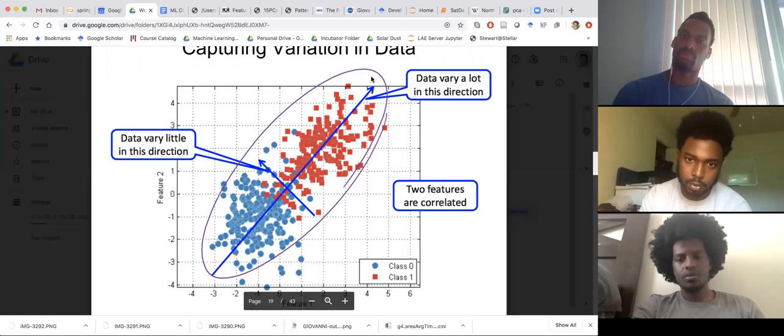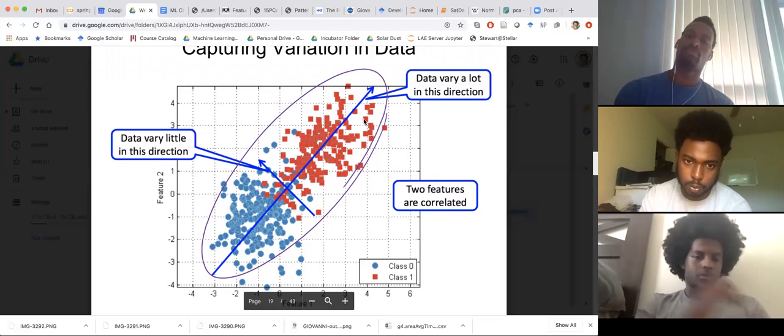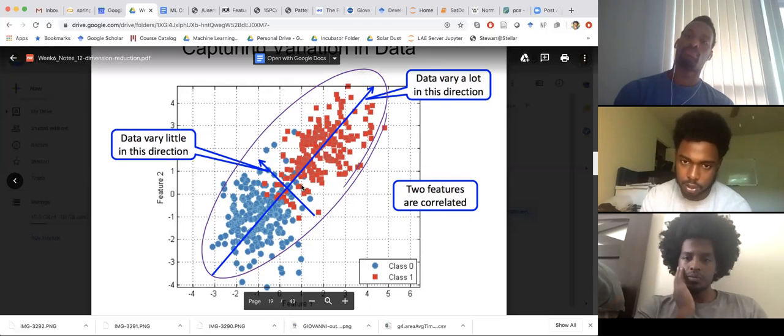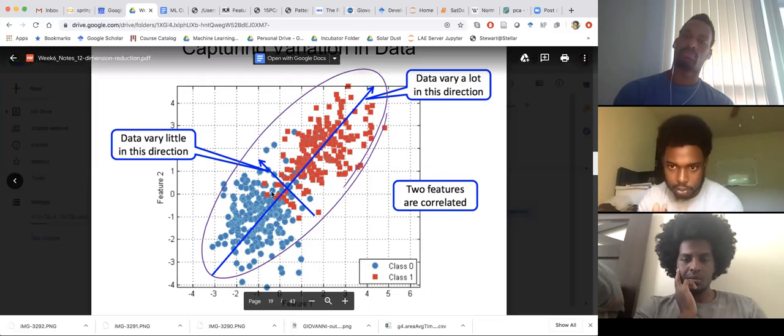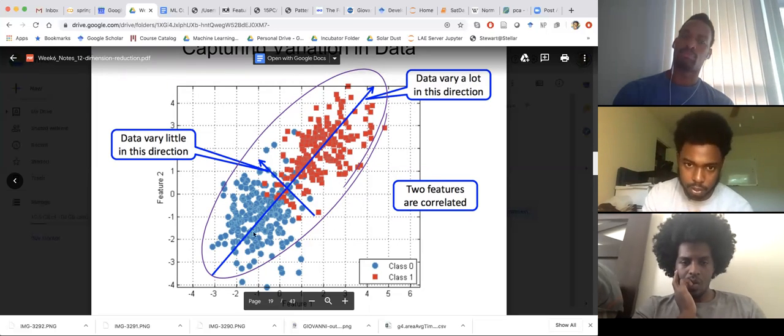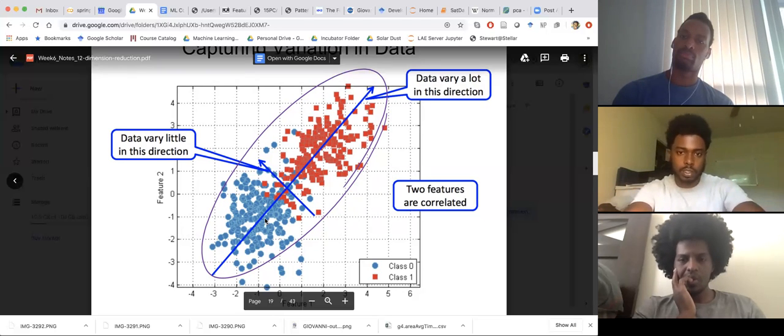If you compare this direction to this one, there's more variation because this line is longer. There's more variation in this direction, and in this direction there's less variation. But we can also see that these features are correlated. You see this has a shape, right? It's not like we have data points that have no correlation at all.